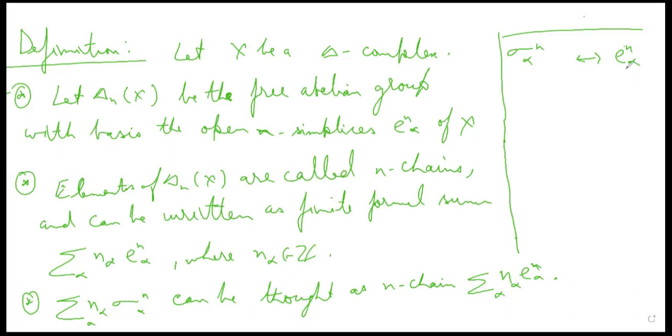So for every open n simplex of X corresponds to a map of this kind. This alpha n is a map from delta n to X. So if this is there, then this is there. If this is there, then this is there.